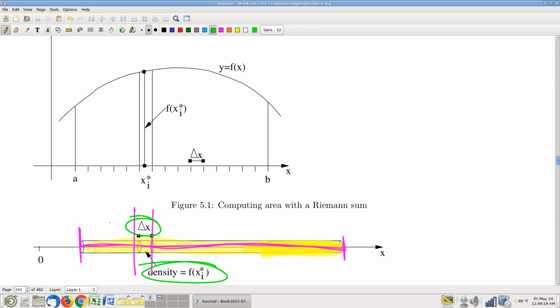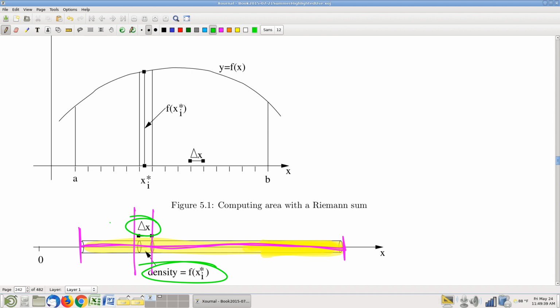Density in this context means mass per unit length, so mass per unit length times length gives you the amount of mass in that little piece. Round-off errors, sure. And then if you add up how much mass there is in each little piece over all of the pieces, you would get the total mass.